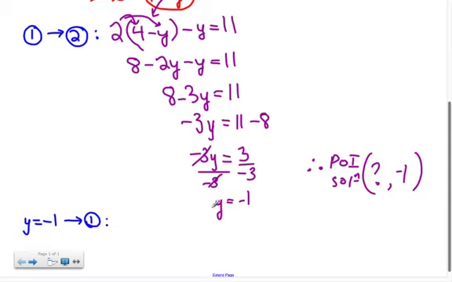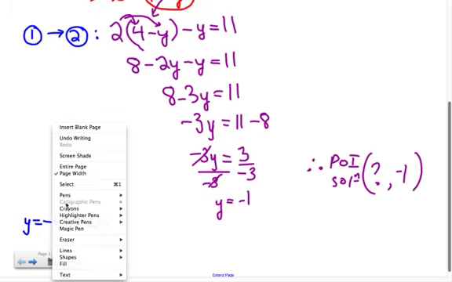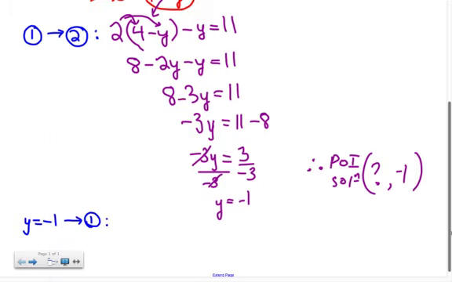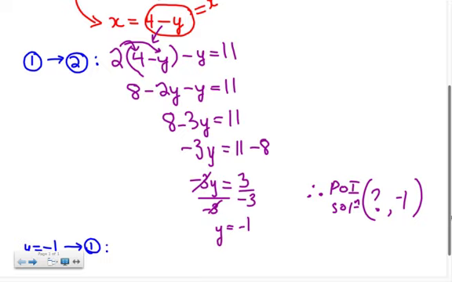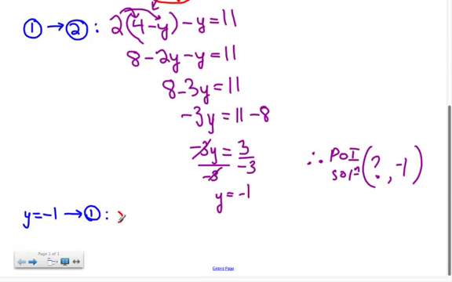And you can sub it back into the original equation 1 or the new one. The new equation 1, if you remember, is x is equal to 4 minus y. So I'm going to sub it back into that one. It doesn't matter. You could sub it back into the original equation 1 too. Because I was working with equation 2, I have to sub back into equation 1 though. If I sub back into equation 2, I'm just going to get a big circle going on.